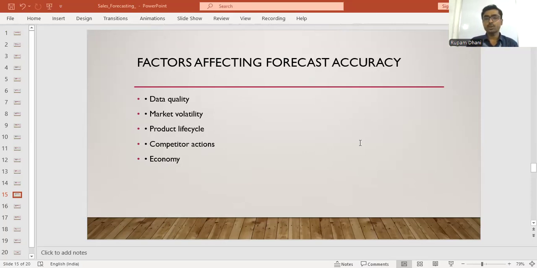Next is the product life cycle. I hope that every one of you knows the product life cycle, the different stages of a product from introduction, growth, maturity, and decline. It also affects the sales forecasting for a particular product. Next is competitor actions, that is, how competitors drastically affect the market. For example, when Jio came into the market, they provided free internet and call facilities.